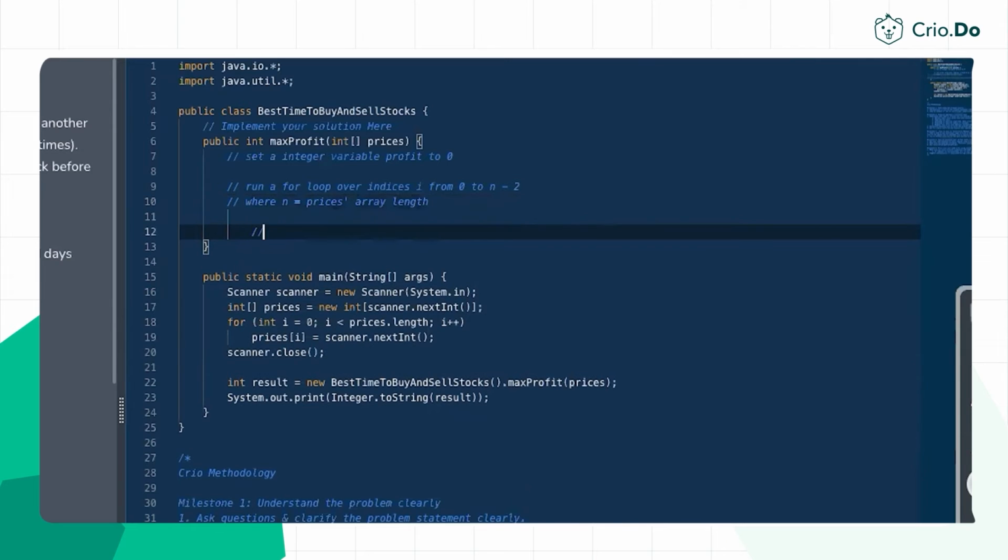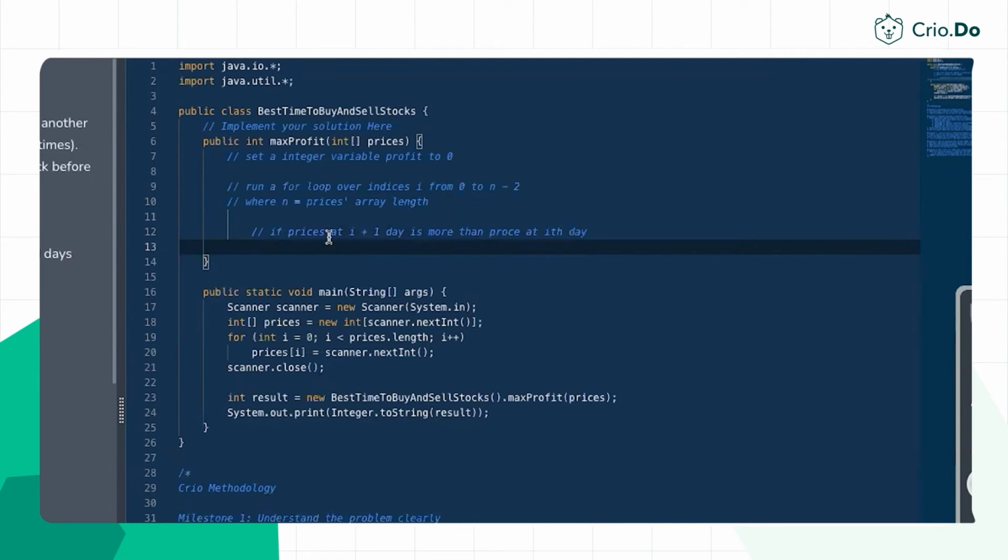Every time we have to check if the current day price is less than the next day price, or you can say the next day price is more than the current day price. So if the price at I plus 1 day is more than the price at ith day, if the price at the next day is more, just take the profit.